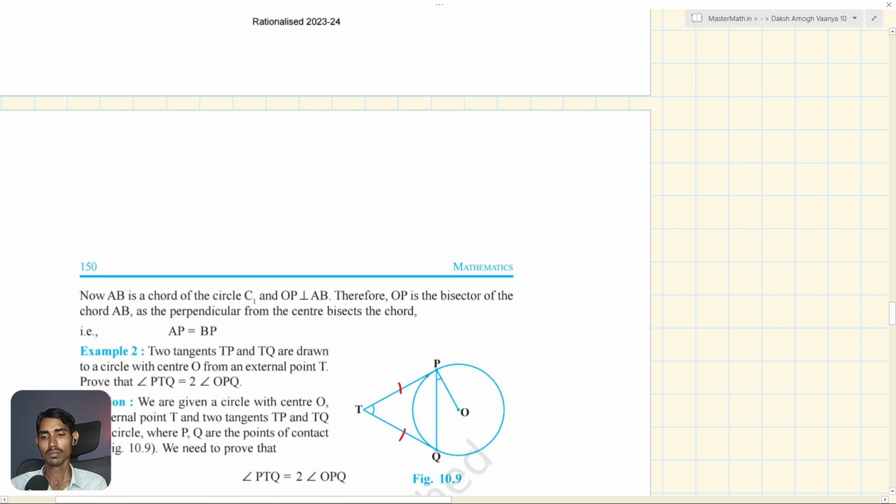And we know the property of an isosceles triangle that opposite angles are equal. So angle TQP is equal to angle TPQ, angles opposite to equal sides, and so I solved that.